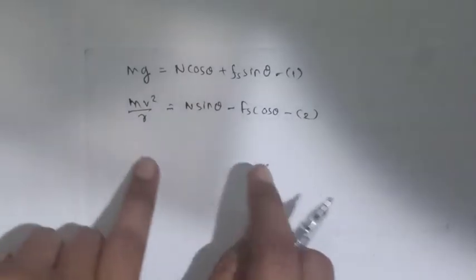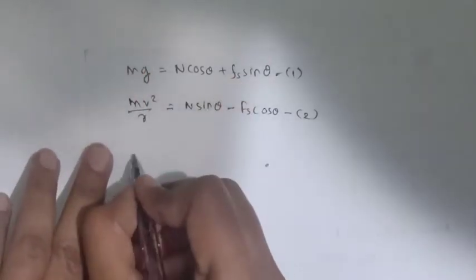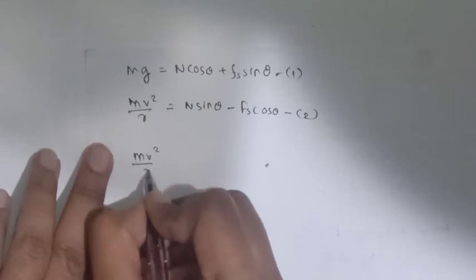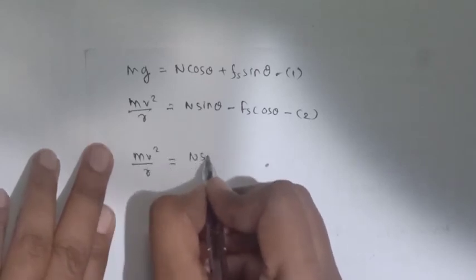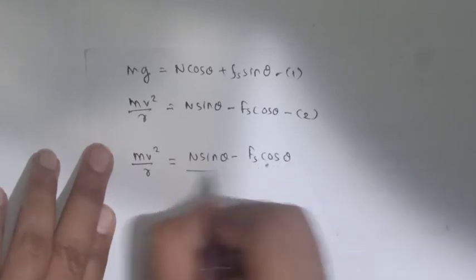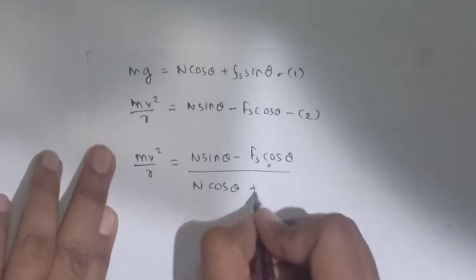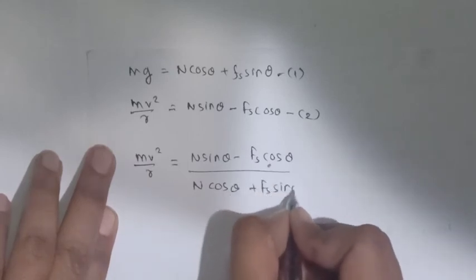Now what you have to do? You have to divide this equation by this equation. So you will get mv square by r divided by mg equals N sin theta minus Fs cos theta divided by N cos theta plus Fs sin theta.